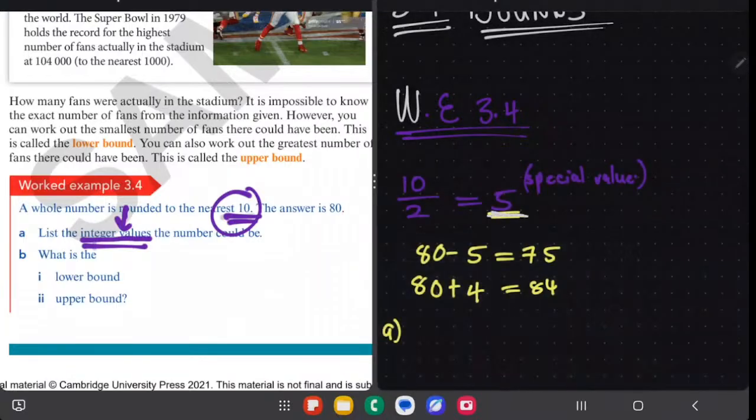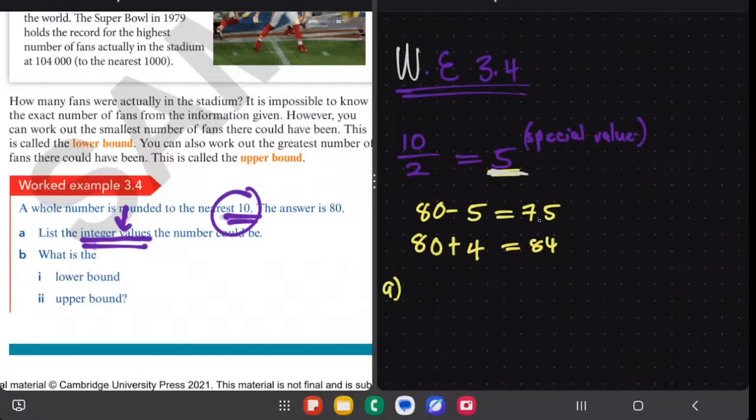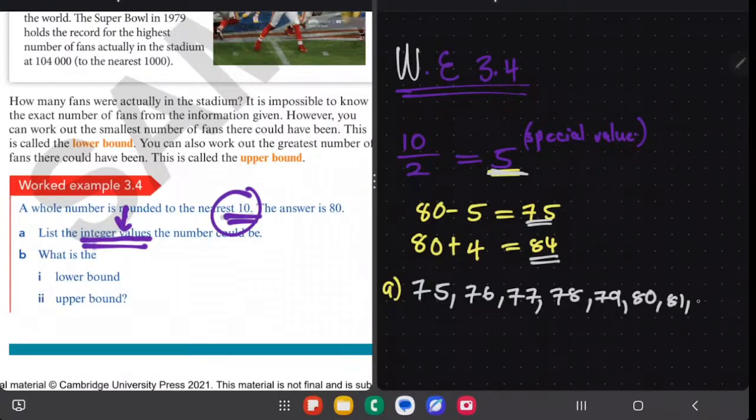You see the 5? Imagine if you didn't know the 5. Then how would you know what number to subtract or add? You should always look at the nearest. So now we know that we start at 75 and end at 84. Writing integers, which means whole numbers, you say 75, 76, 77, 78, 79, 80, 81, 82, 83, 84.